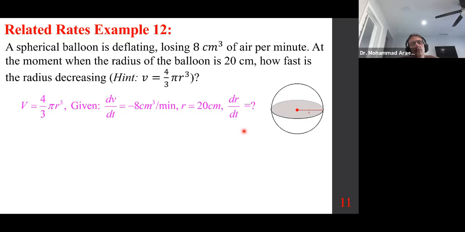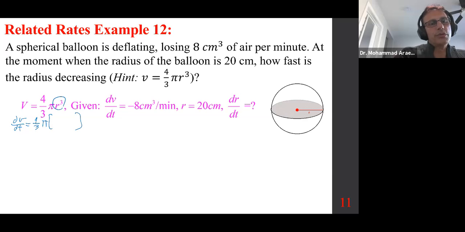So we are going to do the related rate problem, differentiate with respect to t. So we want, from this formula, to get to dV/dt. We've done this before, so I'm going to remind you how we did that. So we're going to write dV/dt is 4/3 pi.